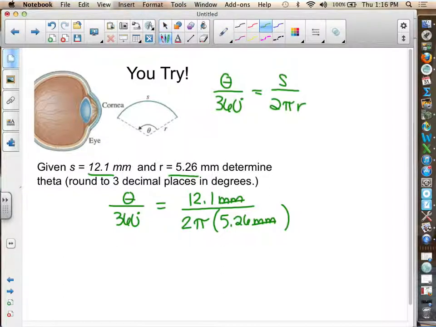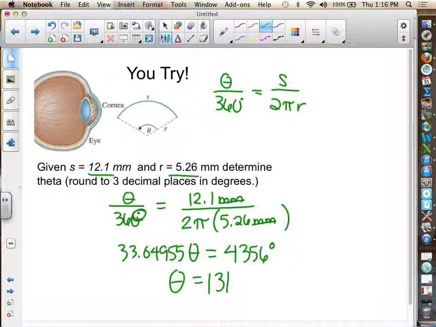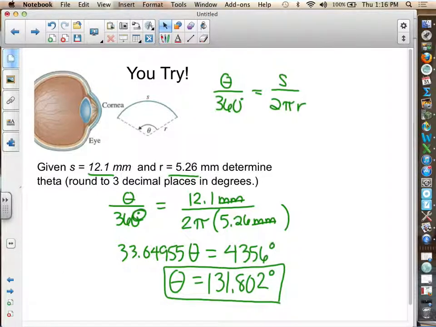So cross multiplying, I have 33.04955 times theta, and then 360 times 12.1, which gives me 4356, and this still has a unit with it. It's still in degrees, so that's how my degrees ends up in the answer. And then to get theta by itself, I need to divide that by 33.04955, which gives me an angle of 131.802 degrees.